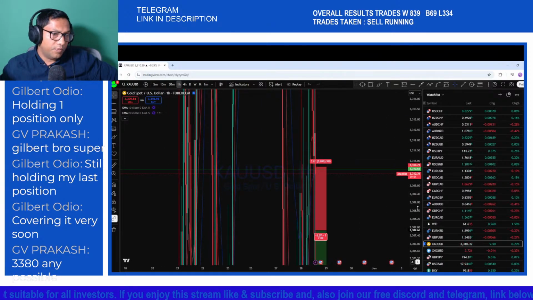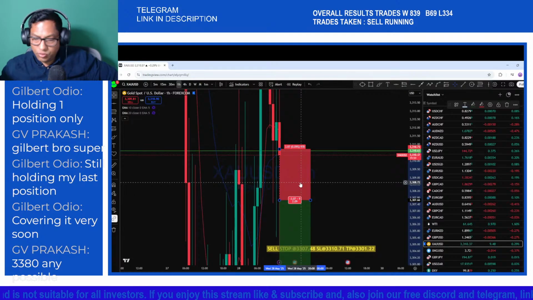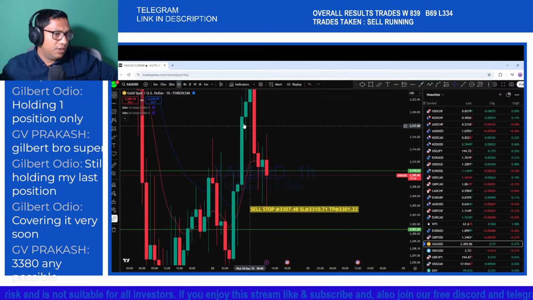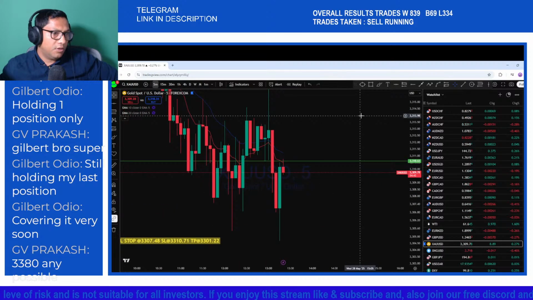It's under pure manipulation. So a smaller stop loss is sometimes a disadvantage. Now it has just gone up again for a liquidity trigger.